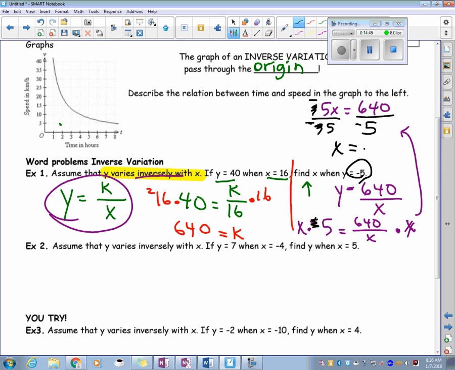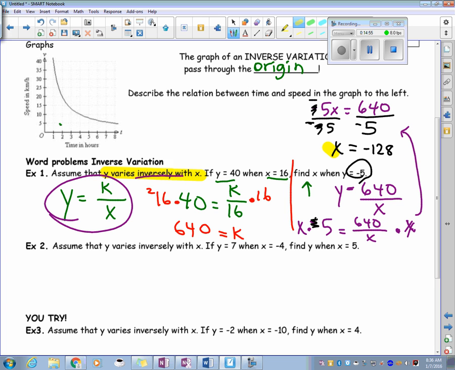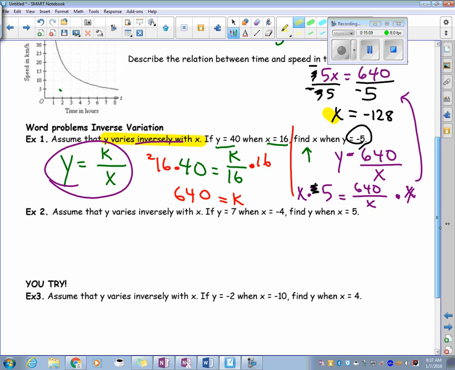All right. I think those are a little more challenging. What do you think? Are those a little more challenging because it's not quite as linear as what we've been talking about? Let's try another one. Let's try number 2. You have to substitute and substitute again.